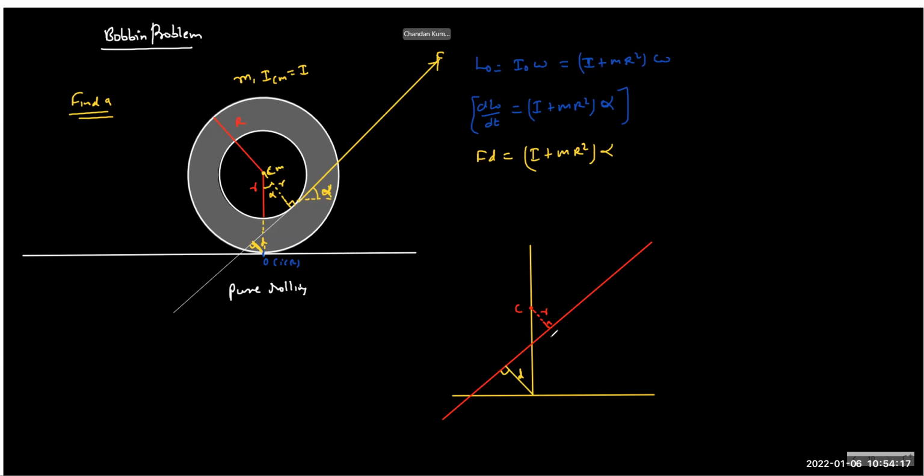Now the question is, if this is R, can we find this value? Because this is alpha, it turns out to be R by cos alpha. And then what is this length?